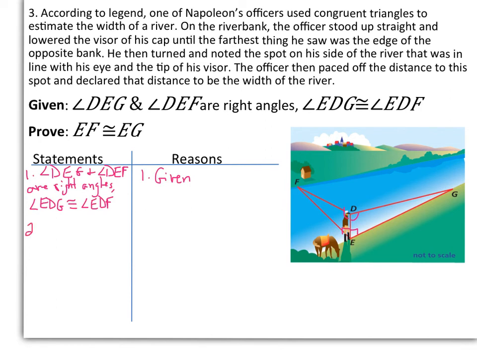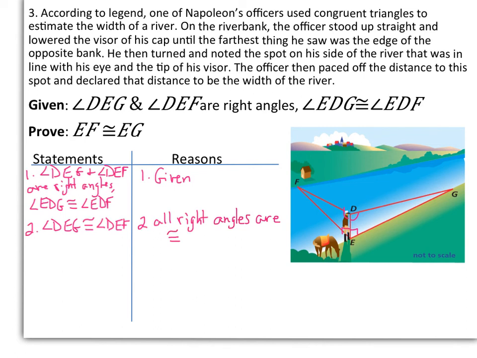Now, we were told our two angles are right angles, but it does not say that they are congruent. So we have to put that statement in. So angle DEG is congruent to angle DEF. Okay, so now we have two congruent angles, we need a side.